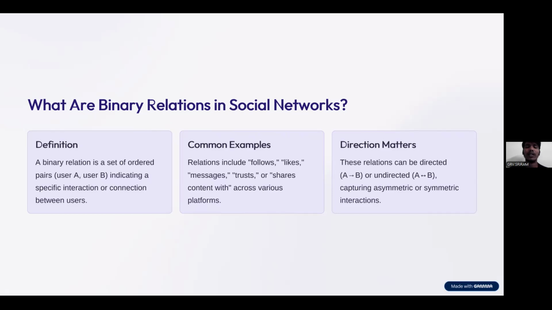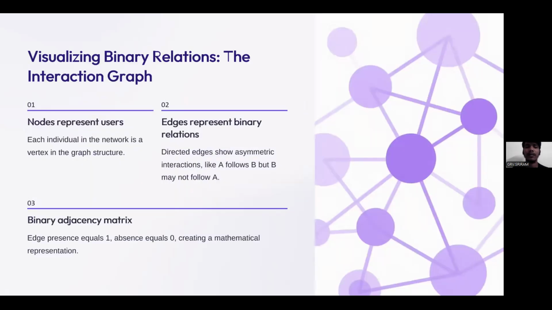Common examples of relations include followers, likes, messages, trusts, or shares content with, across various platforms. Direction matters. These relations can be directed, like A to B, or undirected, capturing asymmetric or symmetric interactions.